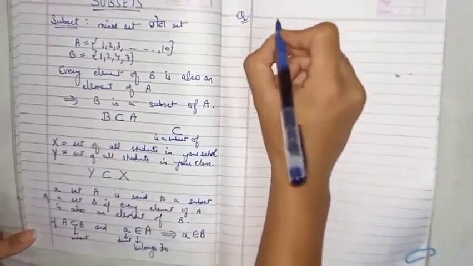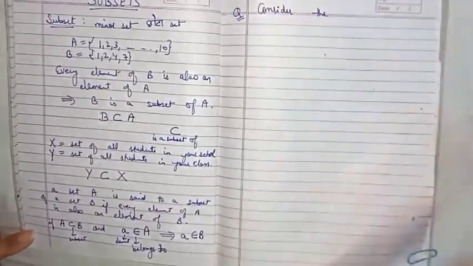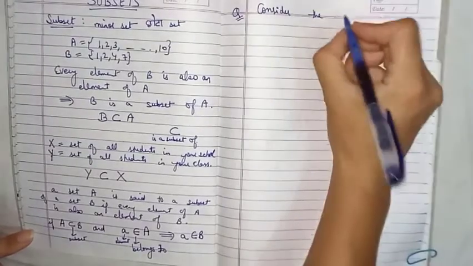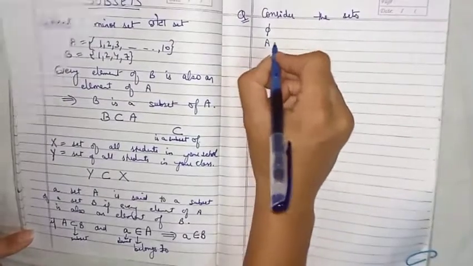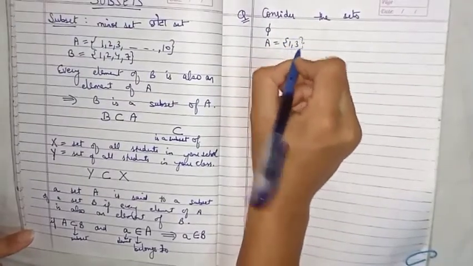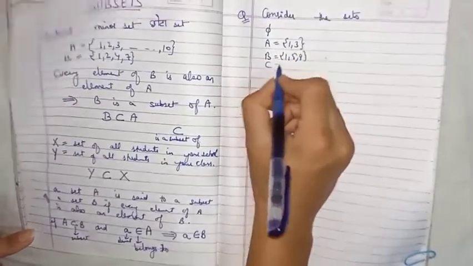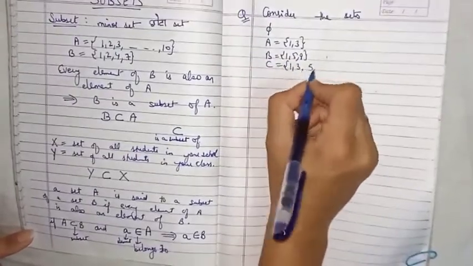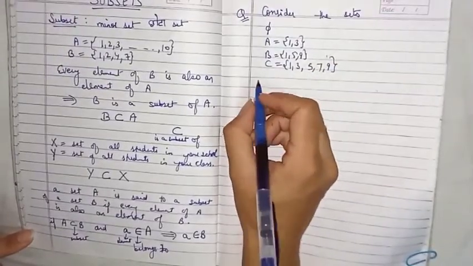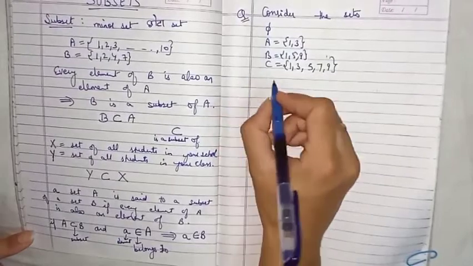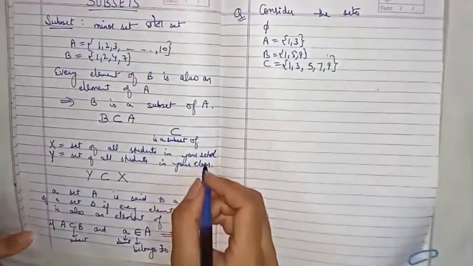Question is, consider the sets phi, A = {1, 3}, B = {1, 5, 9}, C = {1, 3, 5, 7, 9}. You need to insert the symbol, either belongs to, subset, not subset, or does not belong to.